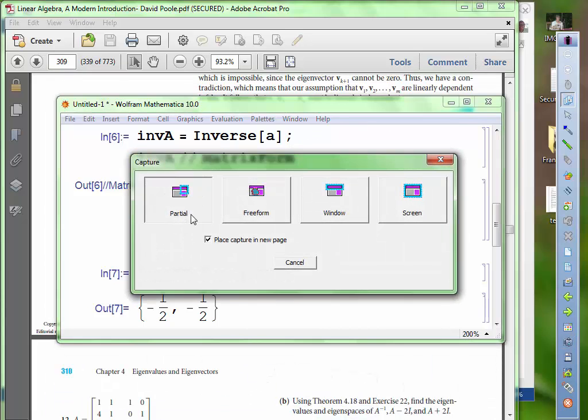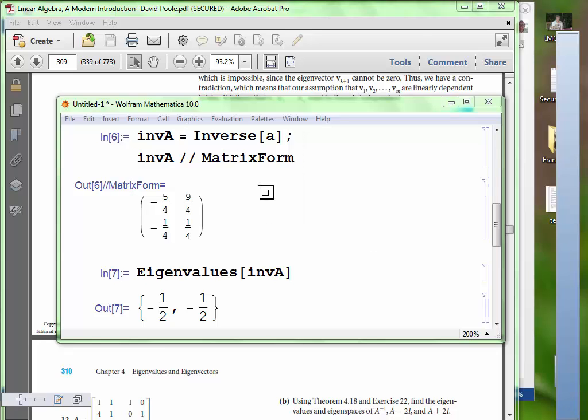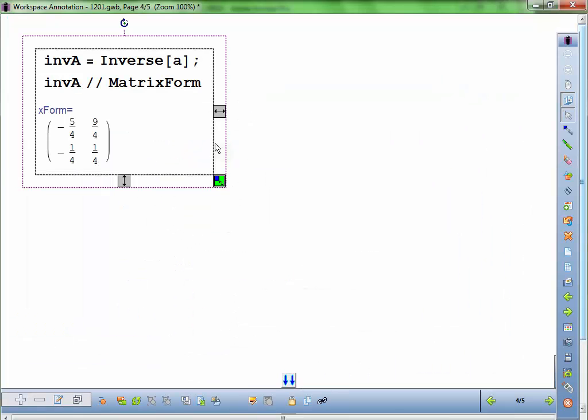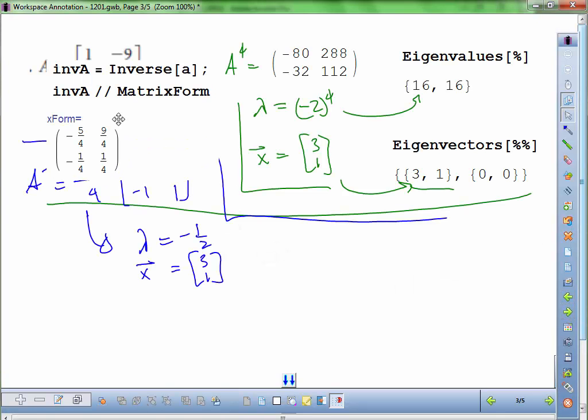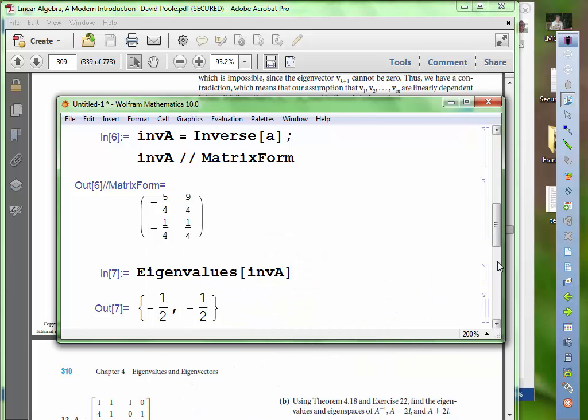So this is by no means a proof of what we're working on, but it verifies the theorem that we're looking at.